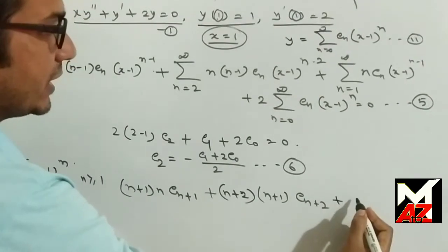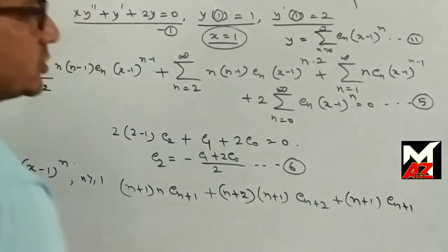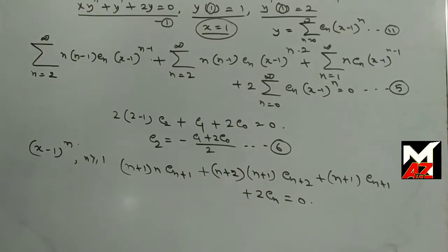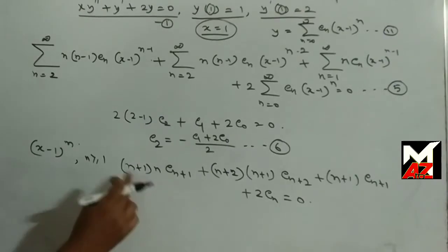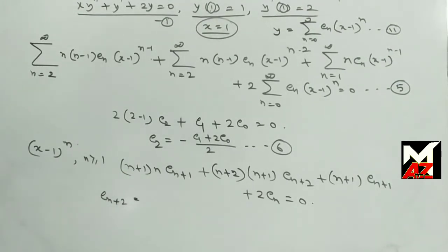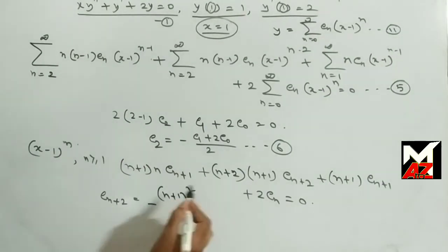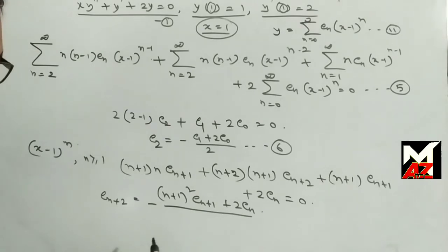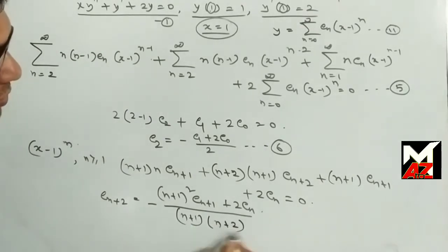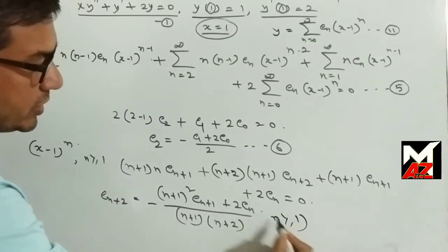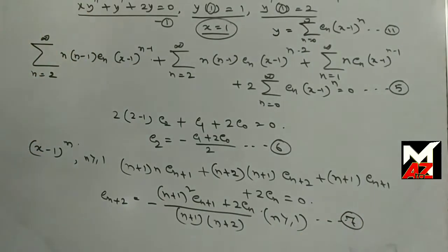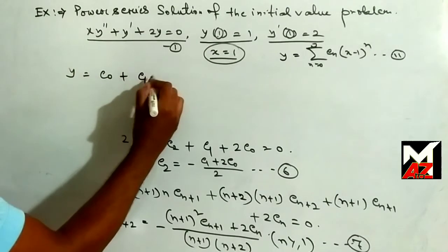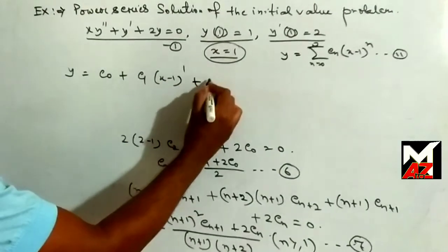From here we get n plus 1 into cn plus 1, and from here we get 2 cn, this is equal to 0, and from this relation we get cn plus 2 is equal to minus n plus 1 whole square into cn plus 1 plus 2 cn by n plus 1 into n plus 2, and this is for n greater or equal to 1, and this is 7.